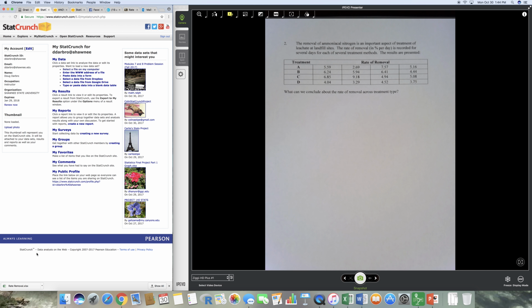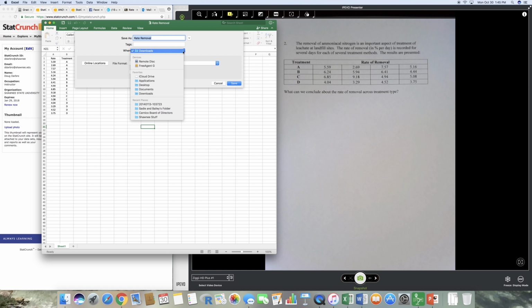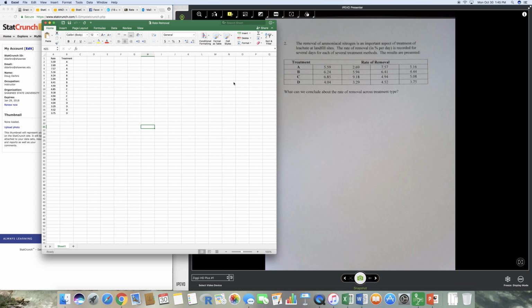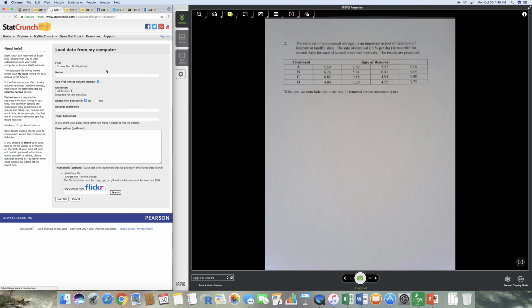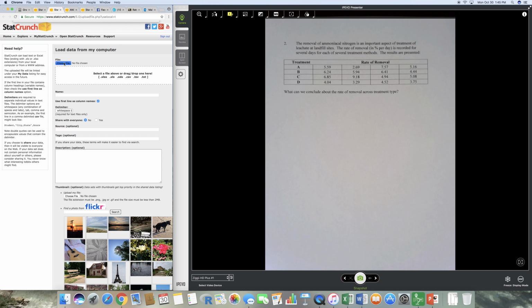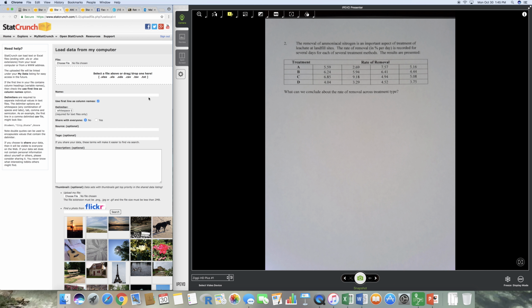Let me just go ahead and get this and just do a save as. There's no reason that shouldn't have worked, but for some reason it didn't. My motto is always have a backup plan. All right, rate removal, open.